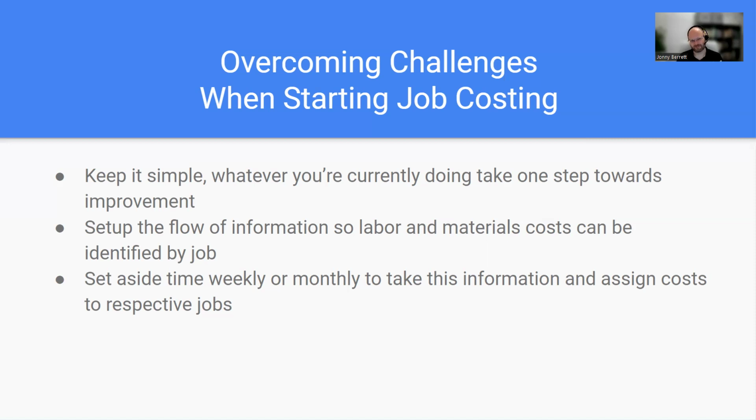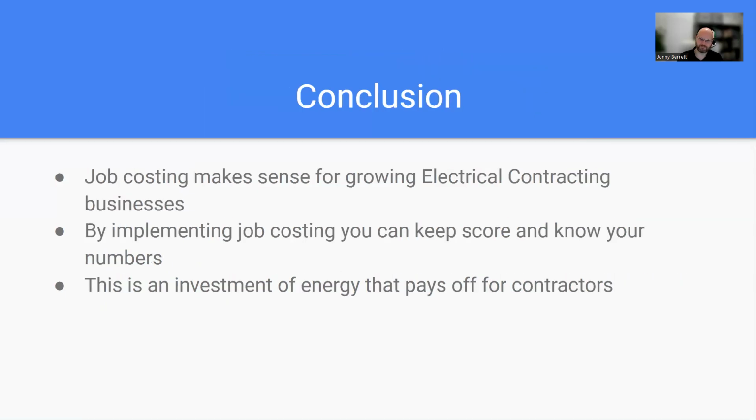So again, if you set up a system for collecting information on how time is being spent and for the materials, which jobs they're for, and then you set aside time weekly or monthly, is what I'd recommend, to sit down and do the administrative work of compiling the information. Then you'll have these reports. You can look at them and they can help you.